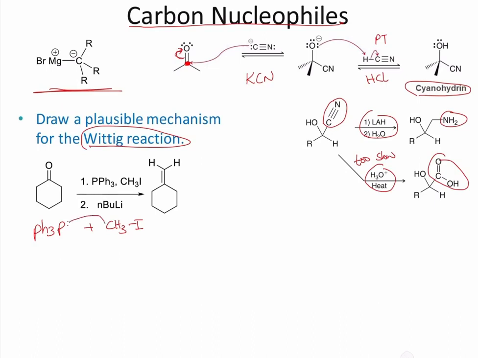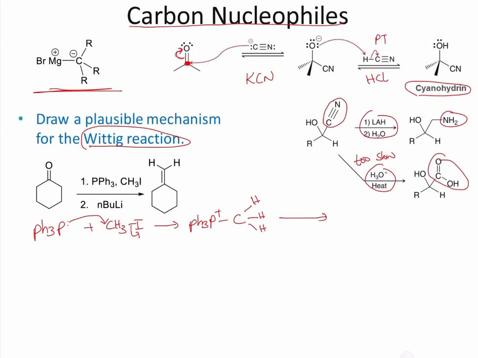So this is going to do an SN2 to form a phosphonium salt, and that carbon now has three hydrogen atoms. We follow this with a base.